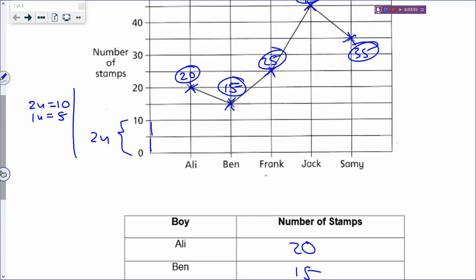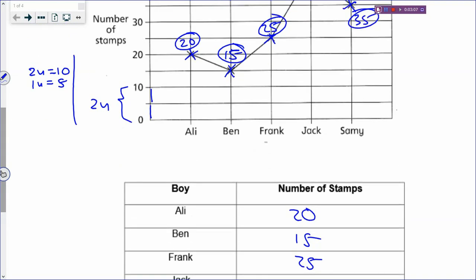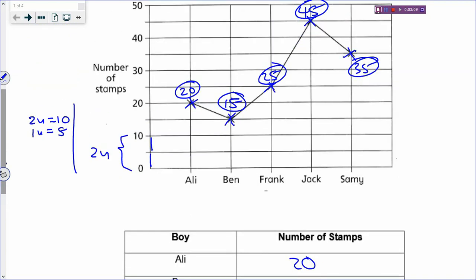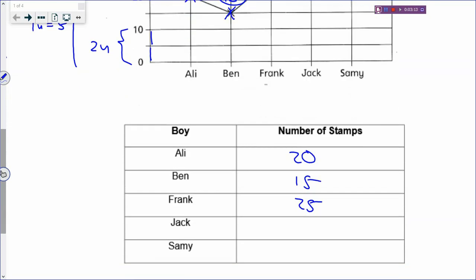Then you have Frank. Frank has 25, so you put down 25. Then Jack has 45, and Sammy has 35. So you put 45 and 35. That's how you read the line graph to find out the data: how many stems each person has.